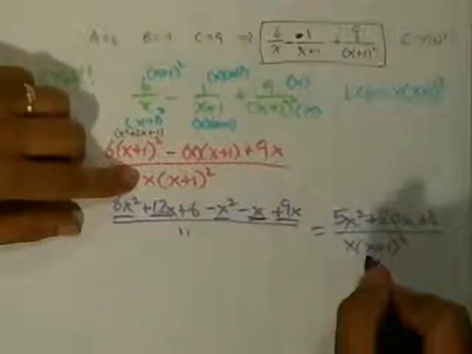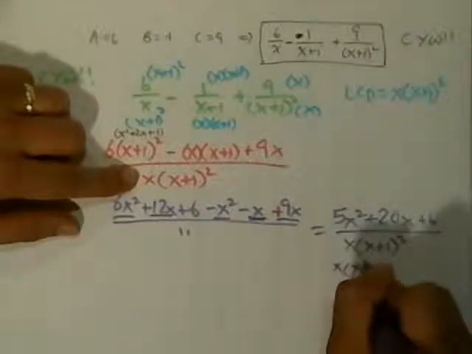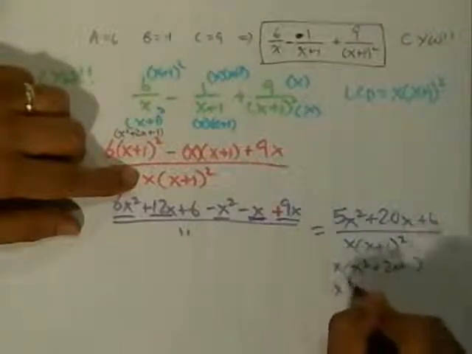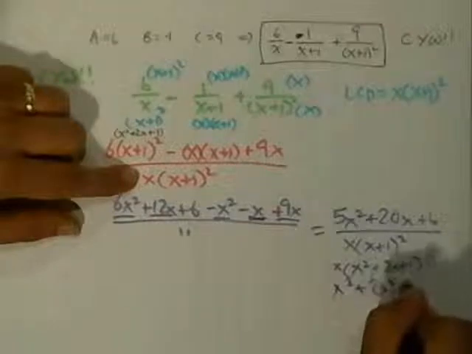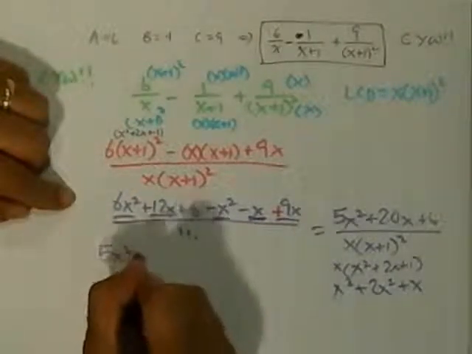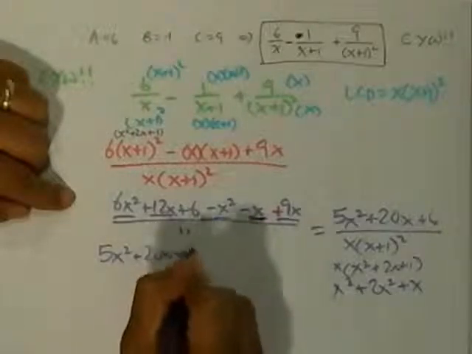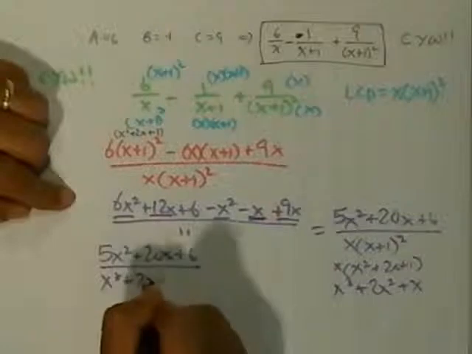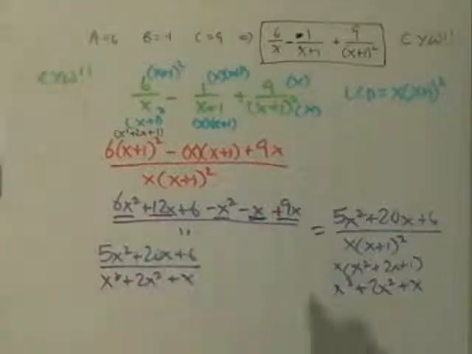If you want to distribute this out, that becomes x times x squared plus 2x plus 1, x cubed plus 2x squared plus x. So our final is 5x squared plus 20x plus 6 all over x cubed plus 2x squared plus x. Did it check out?